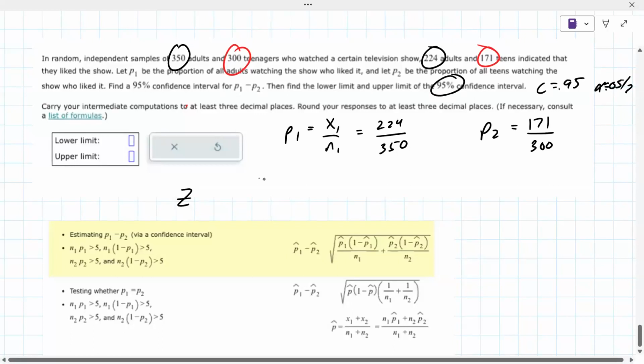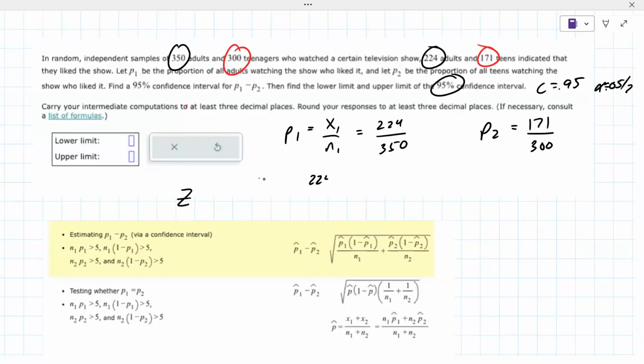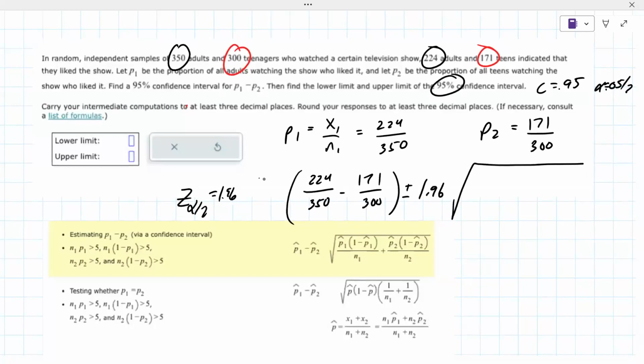So it's P1 minus P2: 224 over 350 minus 171 over 300, plus or minus 1.96. That's the z alpha over 2. And it's the square root of this thing here. These are your hats, if you will.